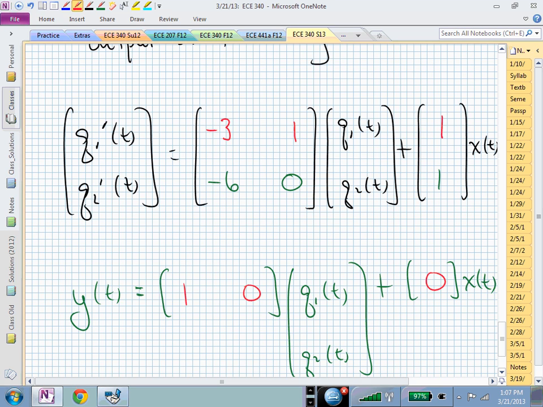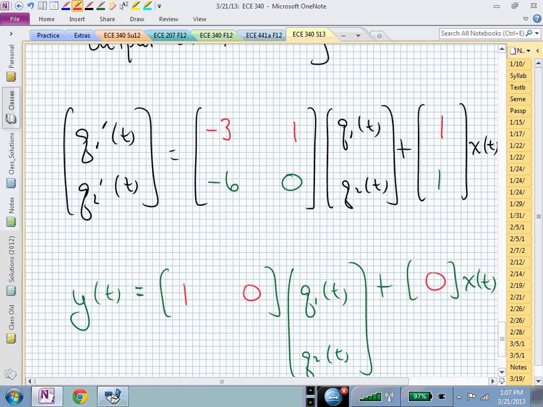And that 1 is always going to be there, and that 0 is always going to be there, the way that we built this particular process. Then our numerator was 1s plus 1, and that's where those two 1s come from. And the output structure is just always going to be this 1, 0, 0.